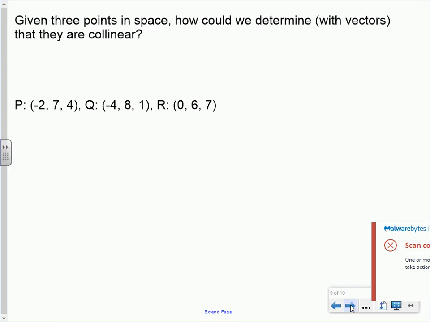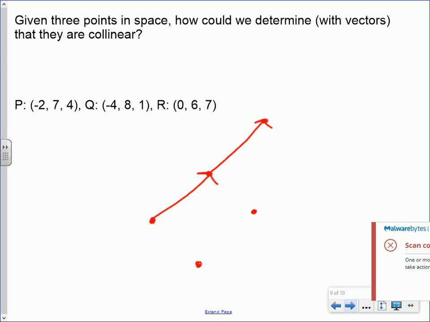I have 3 points. We're going to use vectors to determine if they are collinear. How would we do that? Okay. We can create a number of vectors out of these 3 points, but we only need to create 2. Okay? If I create vectors out of 3 coordinates, if the vectors we create are parallel, those points are going to be on the same line.